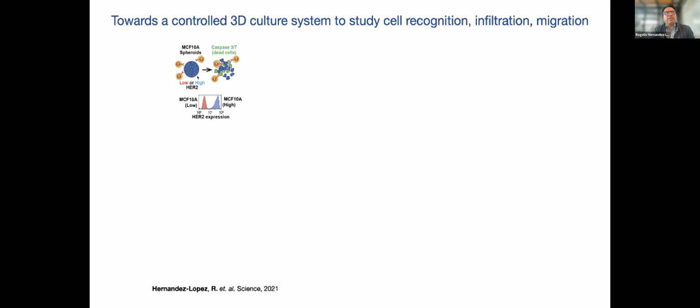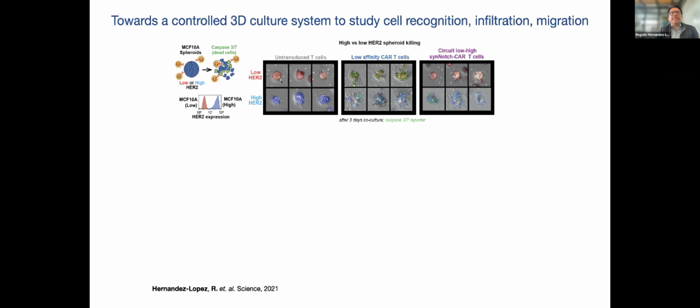These assemble into small spheres. We can also use a dye that will allow us to measure the cells that are dead, and this dye is called caspase dye. So we can build these spheroids and culture them in 3D.